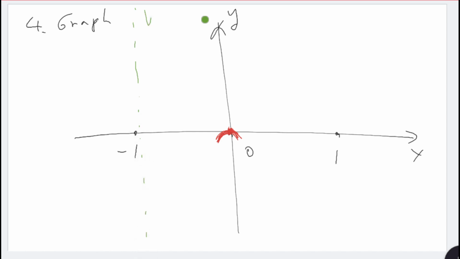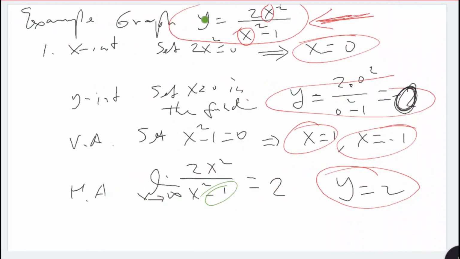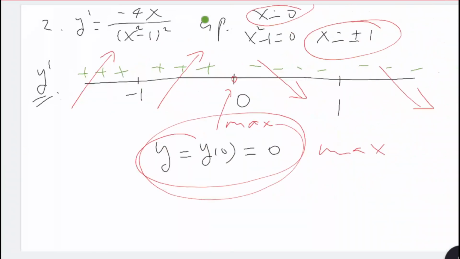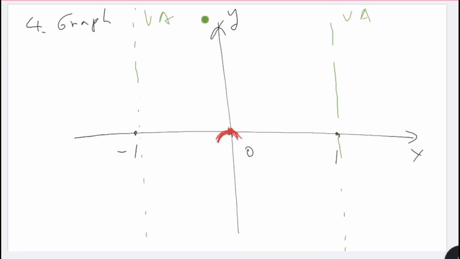This is a vertical asymptote. This is also a vertical asymptote. There's a horizontal asymptote. Let's see. Horizontal asymptote is y equal to 2. I'm going to indicate that. Let's draw the line down here so we can see more of the picture up. So say this is y equal to 2.